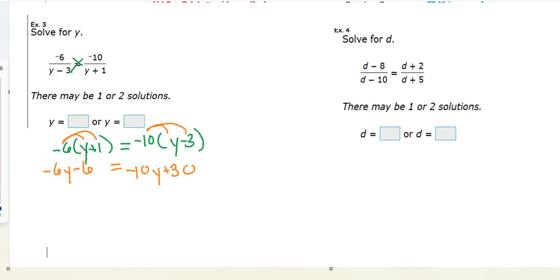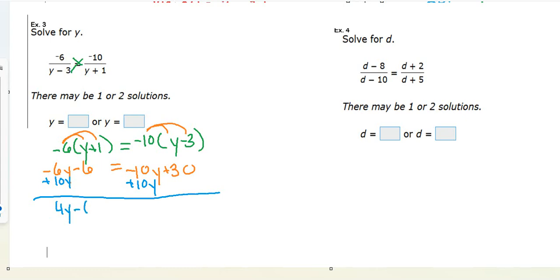All right. Next step, we want to get all of our y's together. I can bring this one over here. So if I add 10y on both sides, it's going to give us 4y.